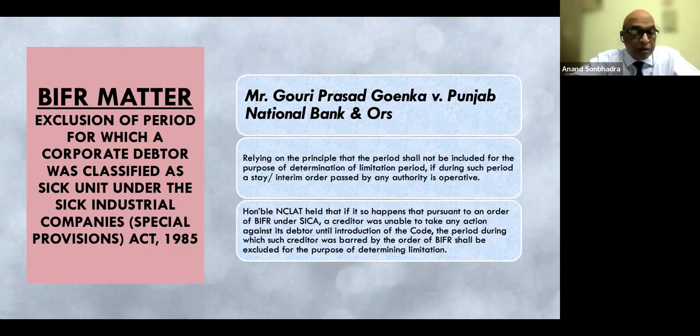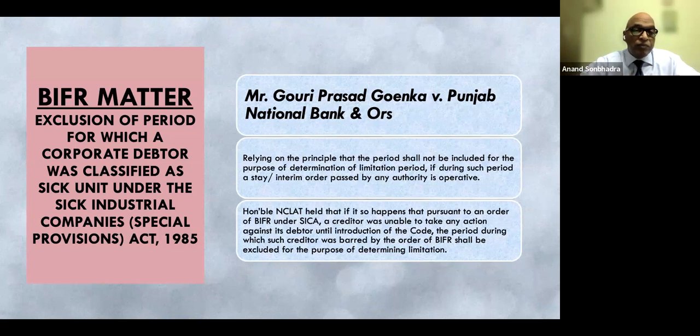the limitation period. And if an application is filed within the applicable limitation period, taking these two periods, earlier to the order under SICA and subsequent to vacation of that order, only these two periods will get computed for finding out the period of limitation applicable to this case.